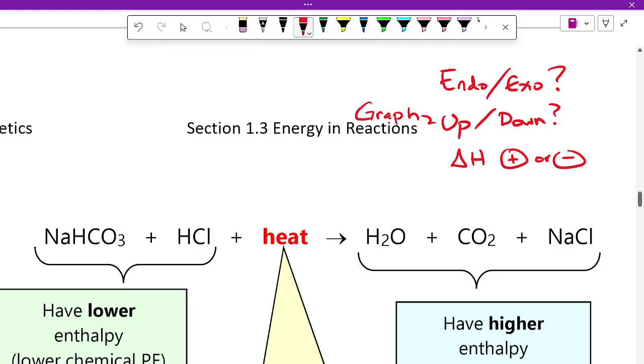Endothermic, yes. Does the graph go up or down, James? It goes up. Is delta H positive or negative, Eric? It's okay to say pass if you have been startled. Owen? It is positive, yes.